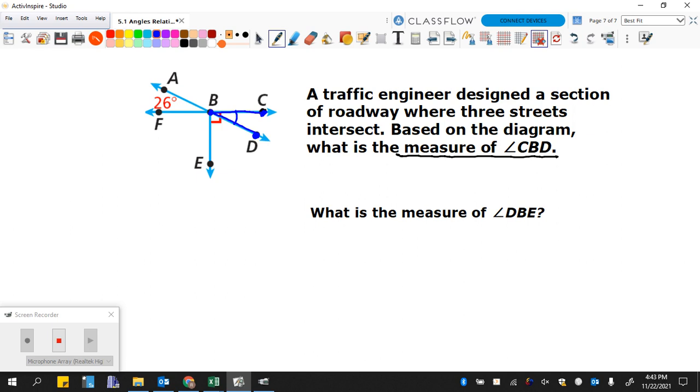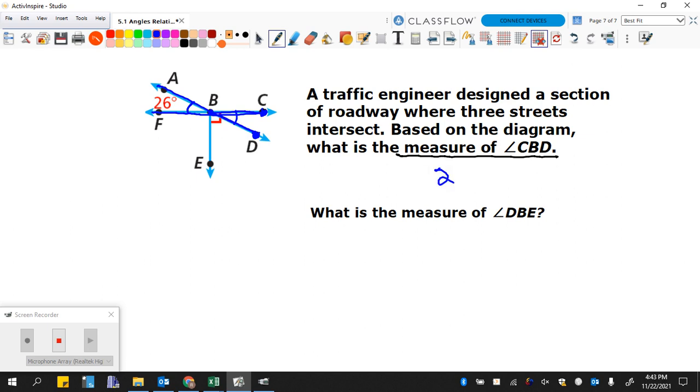We have a 90-degree angle here, the red square. Then we have 26 degrees, and that is a vertical angle because this right here keeps on going through that way. So there are two intersecting lines, which means those are two vertical angles.